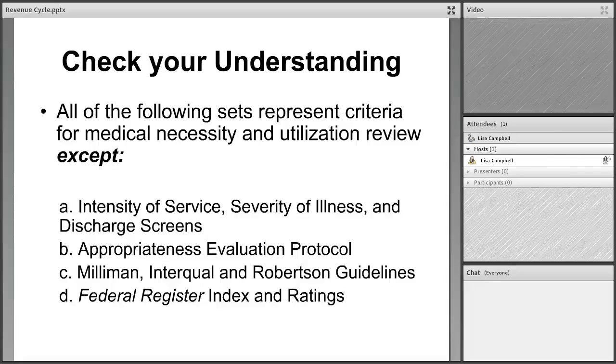Or D, Federal Register Index and ratings. So all of the following sets represent criteria for medical necessity, except, and it would be the Federal Register. The Federal Register does not represent a set for the medical necessity.